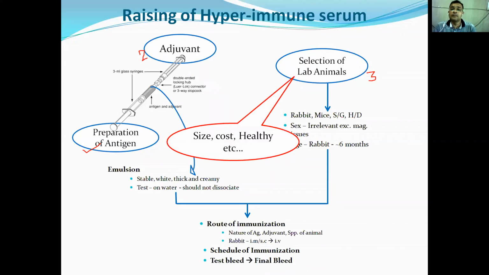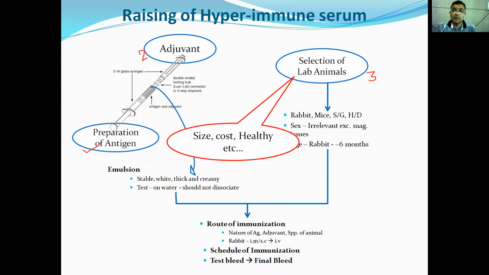The third is selection of lab animal. It's critical because we have to keep this animal for at least 2 or 3 months, and we have to maintain them in an environment in which they will produce the maximum immune response. So their size also matters.